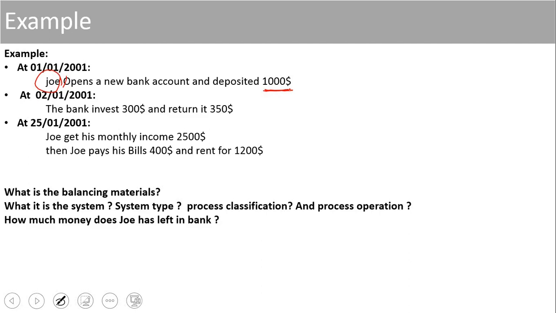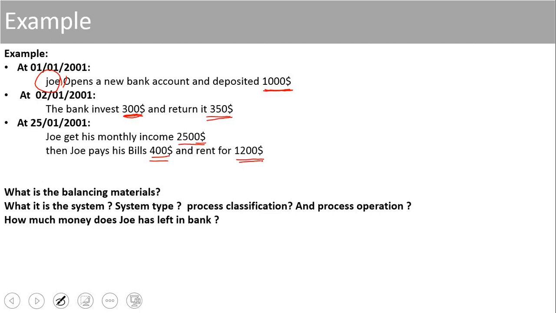After 1 day, the bank draws $300 from his account and invests it, then returns it as $350. At the end of the month, Joe gets his income, which is a total of $2,500, and then Joe pays the bills he has, which is $400 for bills, and also $1,200 for the rent of the house he lives in.